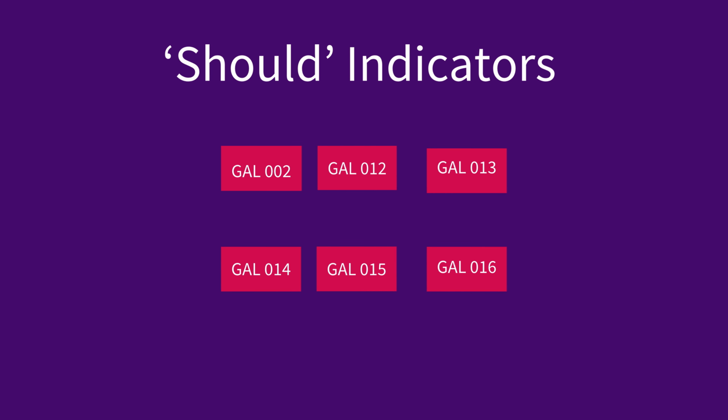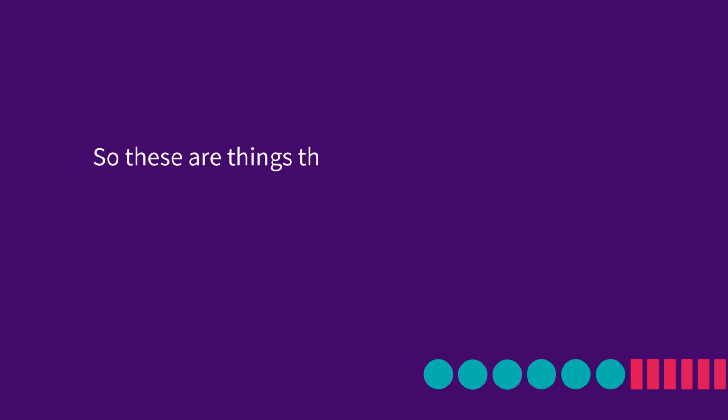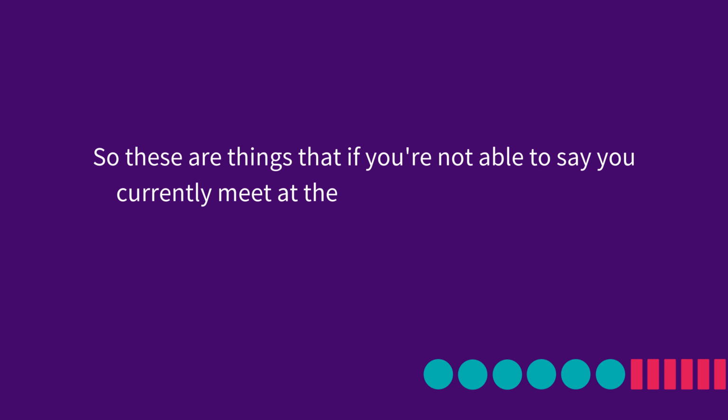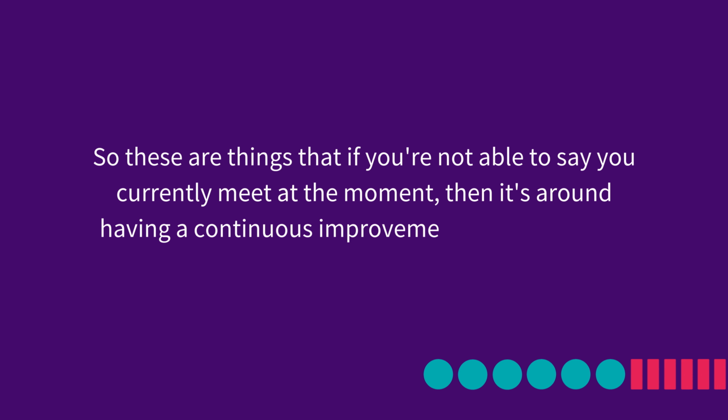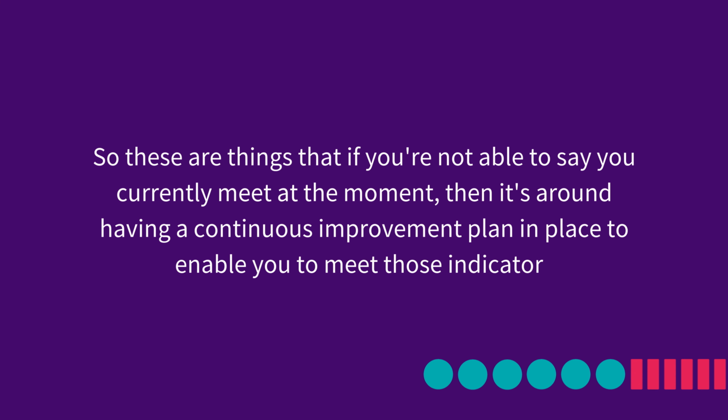So the rest of the indicators in this standard are shoulds. So these are things that if you're not able to say you currently meet those at the moment, then it's around having a continuous improvement plan in place to enable you to meet those indicators.